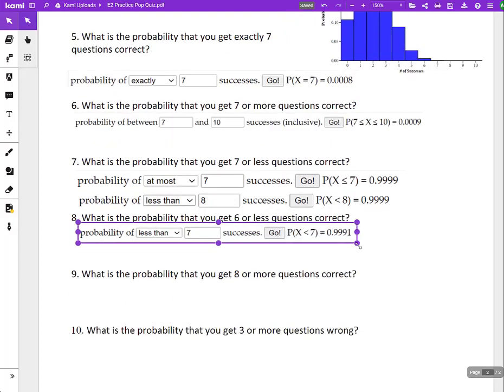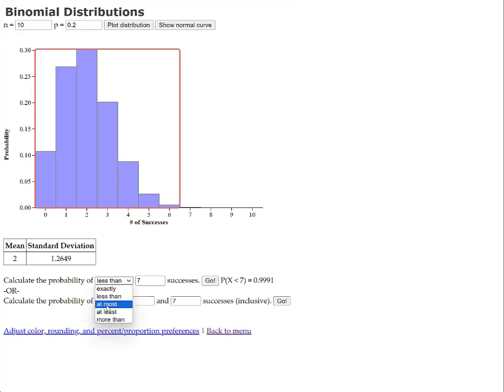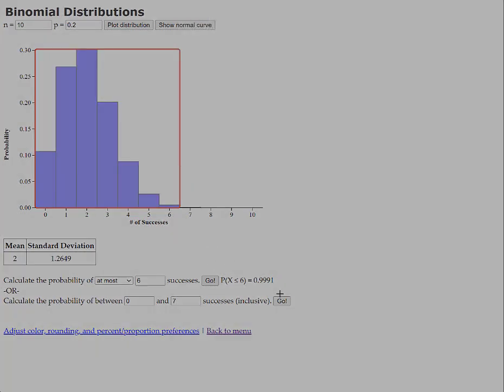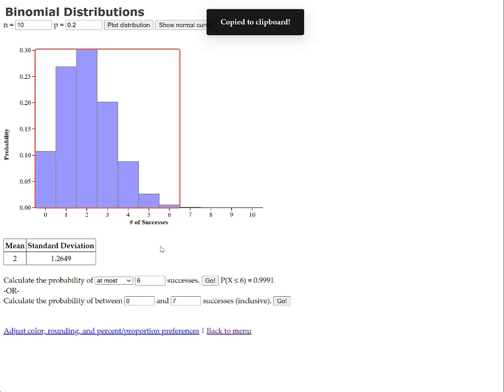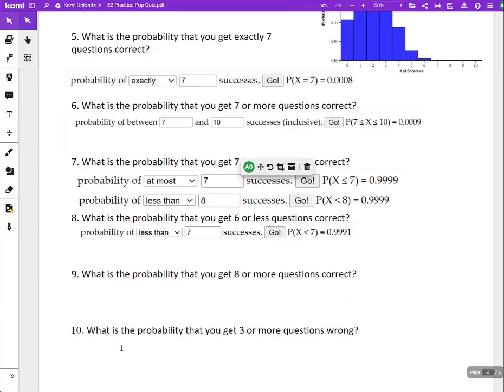And then we could also do at most 6. And you get the same answer there. And of course, you could always just highlight 0 to 6, and you can see that gives you the same thing. Let me go ahead and put this in first.